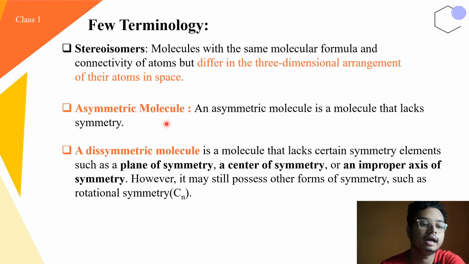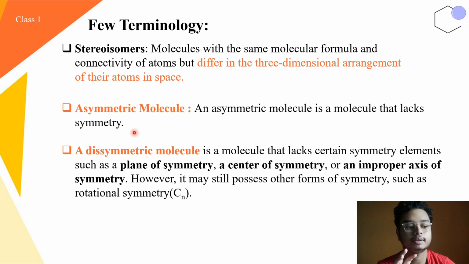Now there is a very important topic that I want to discuss: the asymmetric molecule and the dissymmetric molecule. An asymmetric molecule is a molecule that lacks symmetry elements, that is, it has no symmetry elements. A dissymmetric molecule lacks certain symmetry elements, such as a plane of symmetry, center of symmetry, or improper axis of symmetry.